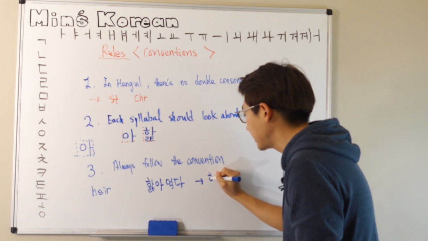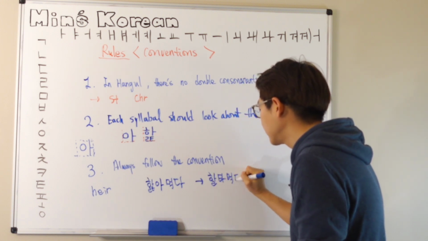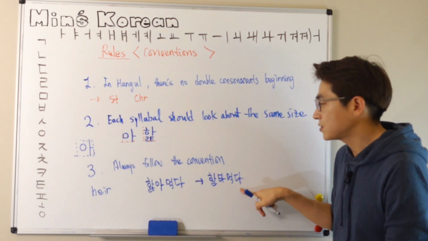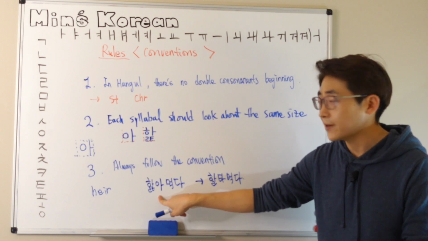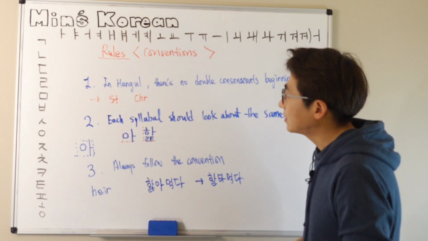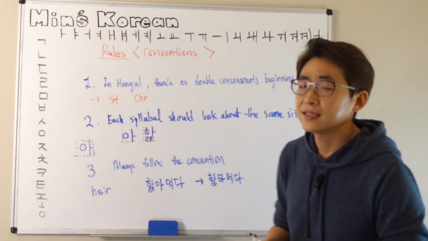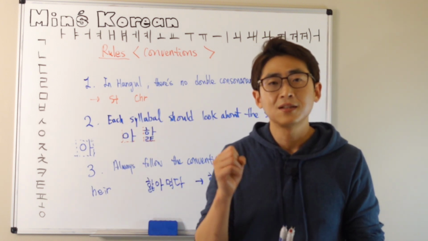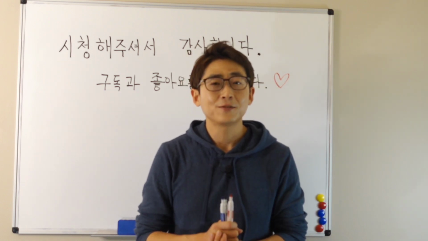And it sounds like har, 타, 먹다. So even though this is the right sound, you cannot write it like that. It's wrong, okay? So these are the rules that you have to follow when you want to study and write in the Korean letter system, Hangul. Okay? Alright, that's it for today.